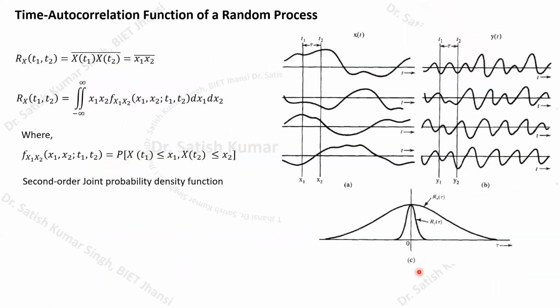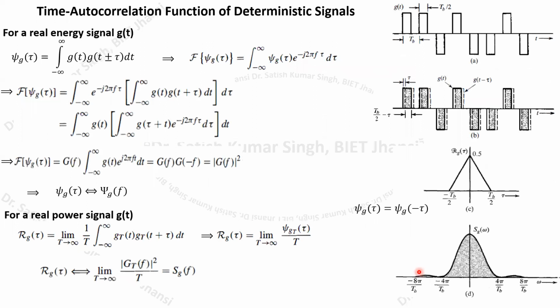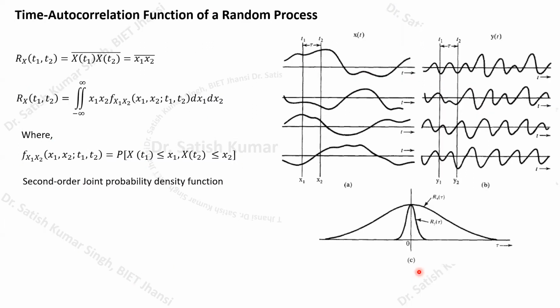Similarly, as I defined the time autocorrelation function for this deterministic signal, we can also have random processes. Suppose we have a random process defined by capital X(t); then we are going to get the sample functions, a number of sample functions within the random process.